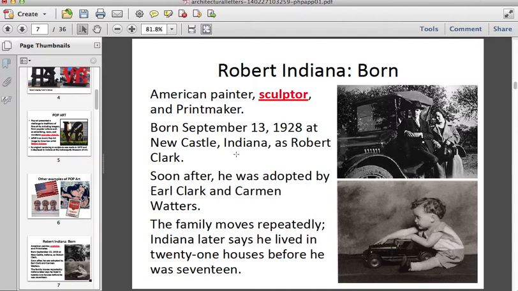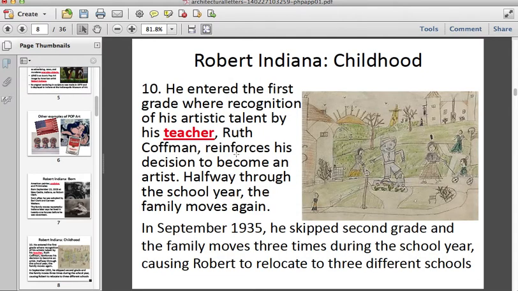Robert Indiana is a sculptor and a painter, and he was born in 1928. His family moved repeatedly, 22 times before he was the age of 17. At an early age, he gained recognition from his teachers for his artistic talent.